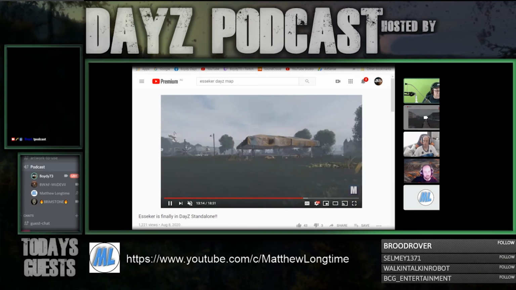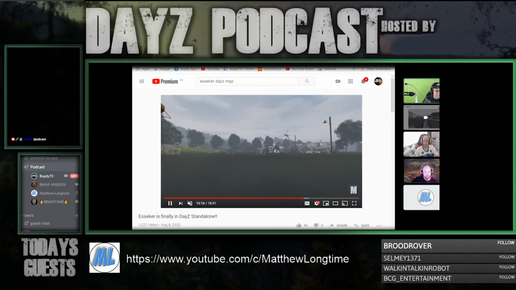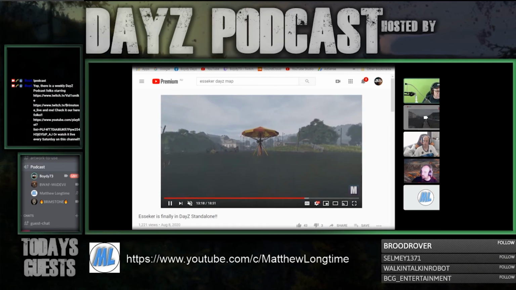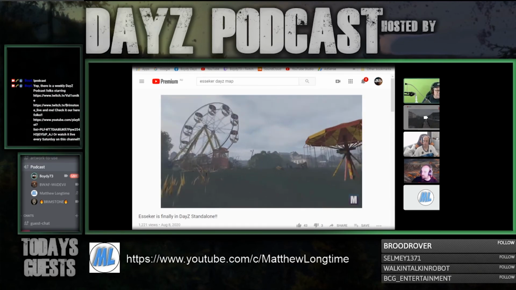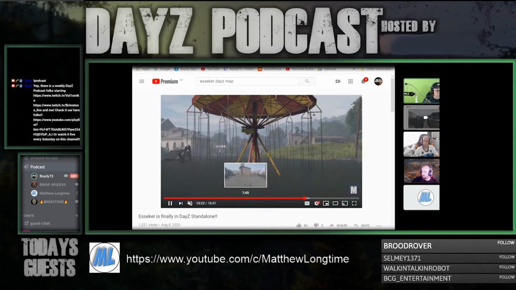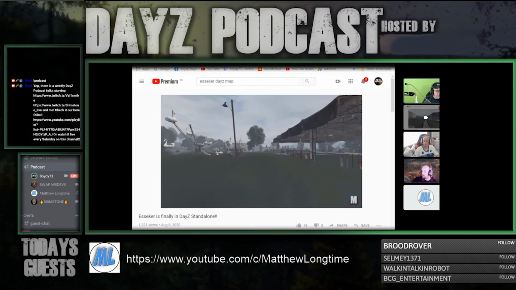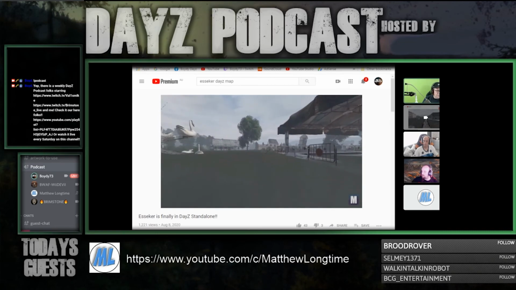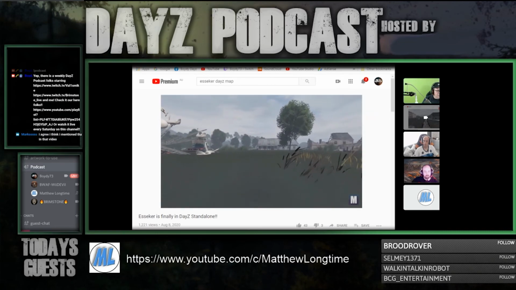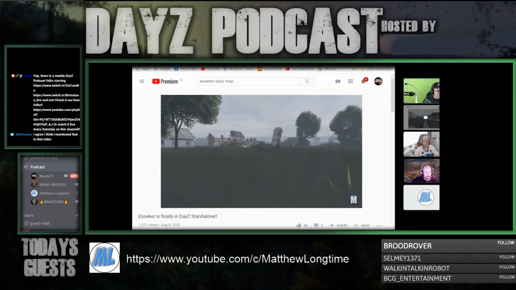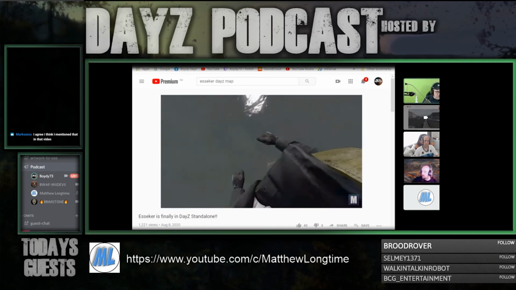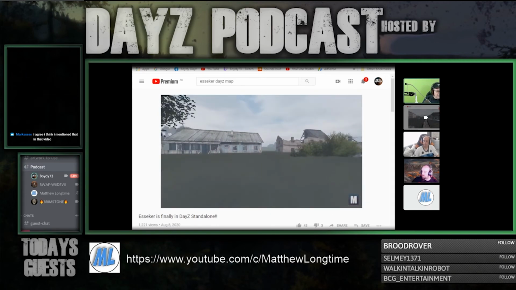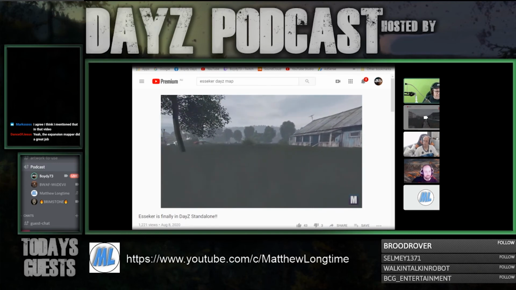That was one of the things the expansion mod did, to make the place a bit more overgrown, a bit more apocalyptic looking. So this map here is just brilliant for how the flooding and the towers off to the side, the broken down buildings. They've obviously taken some of the models from the Livonia map.